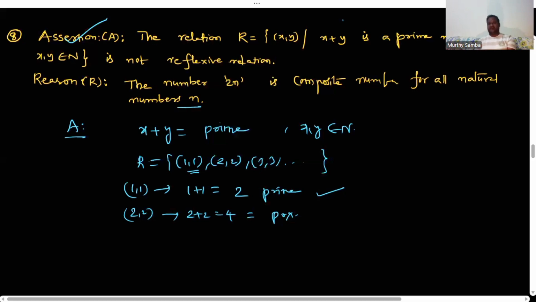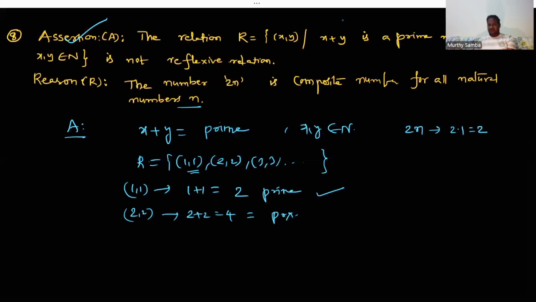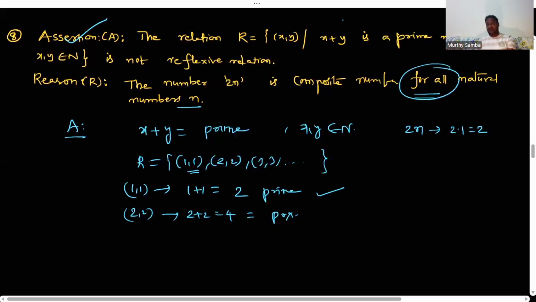For all natural numbers n means what? Suppose I take n is equal to 1. So 2 into 1 is equal to 2. Is it a composite number or a prime number? It is a prime number, but not a composite number. But what is given? The number 2n is a composite number for all natural numbers. But it is not composite for n is equal to 1. Therefore, the reason is wrong. Assertion is correct and the reason is wrong.